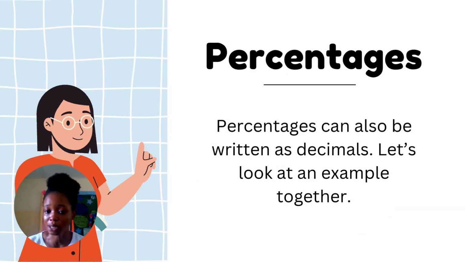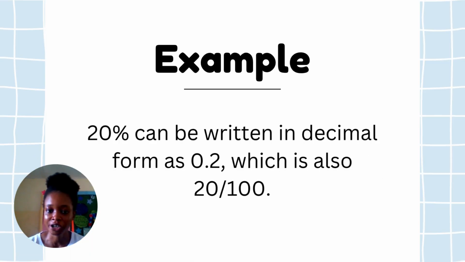Now, having talked about how we can represent percentages as fractions, we can also represent percentages as decimals. Let's look at an example together. On your screen, you can see an example. Let's say we have 20%. When you write 20% as a fraction, it's going to be 20 over 100.